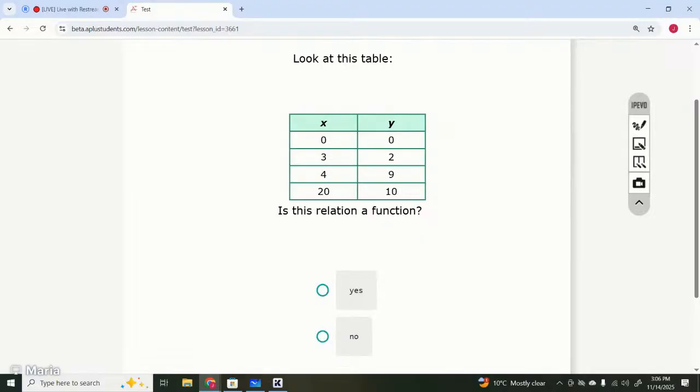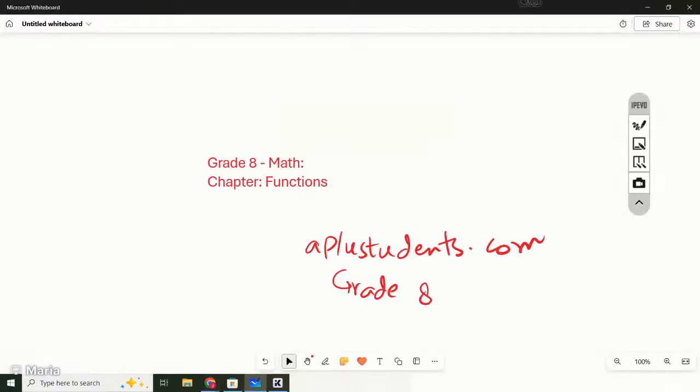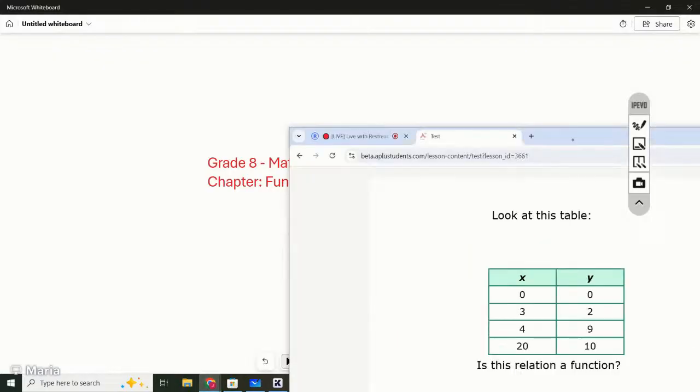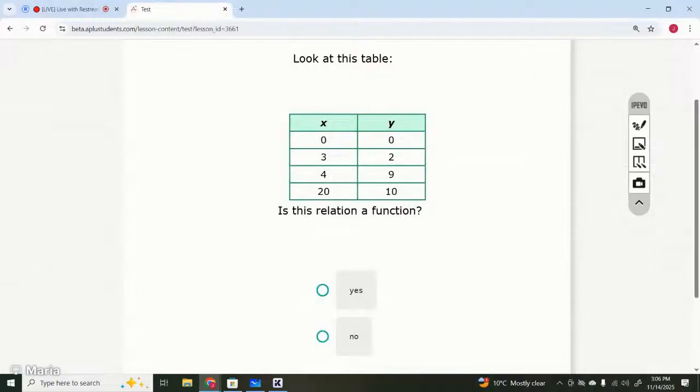Look at this table. So see the x values and the y values. One value of x can map to only one value of y. 0, 0, 3, 2, 4, 9, and 20, 10. So you can check the values.